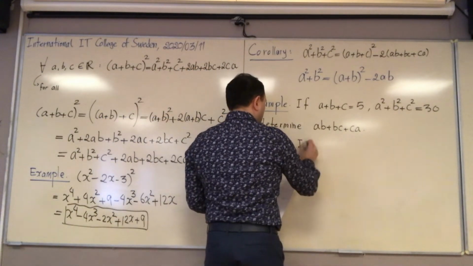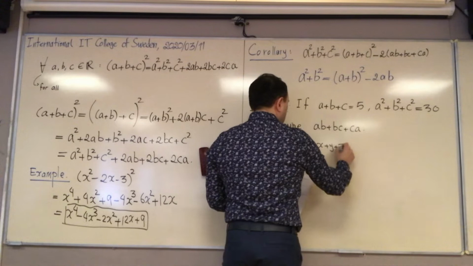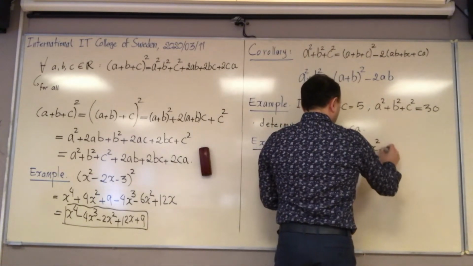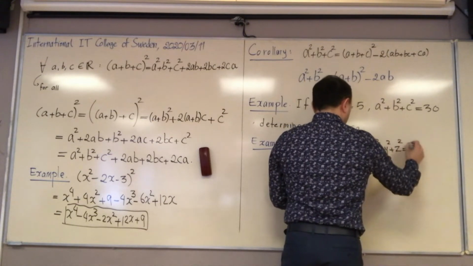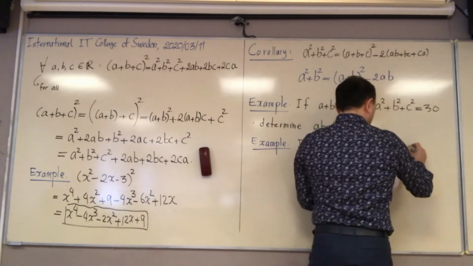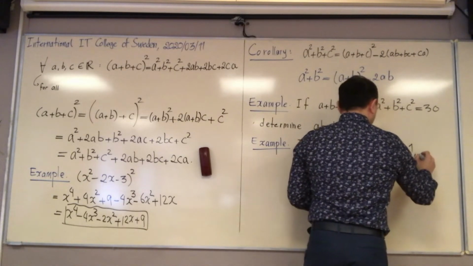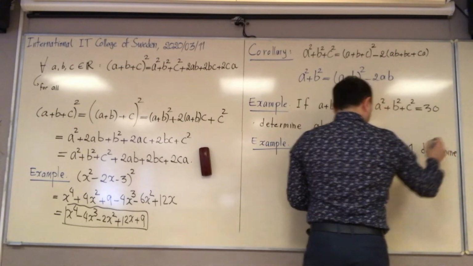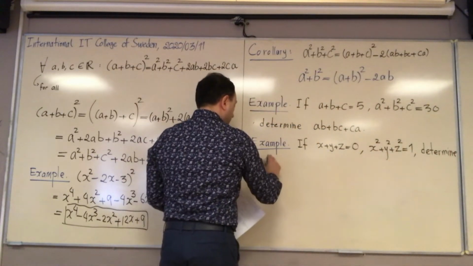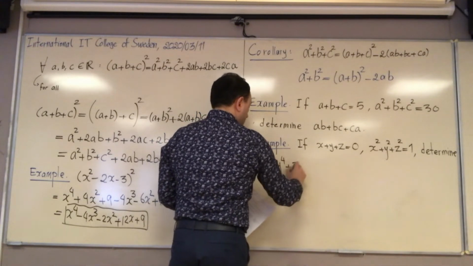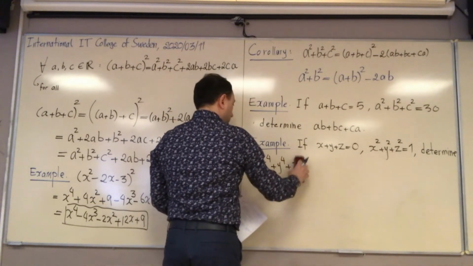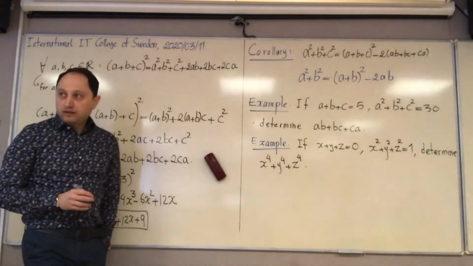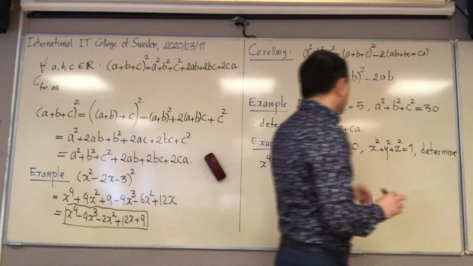If x plus y plus z is equal to 0, x squared plus y squared plus z squared is equal to 1, I want you to calculate x to the 4 plus y to the 4 plus z to the 4. Okay, so I cannot wait so much because I need to cover some material today.